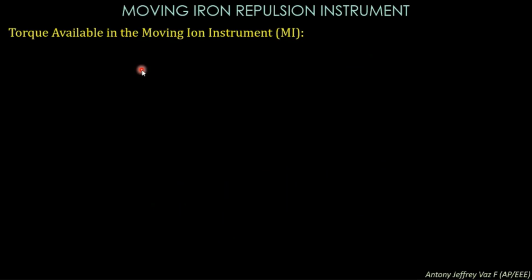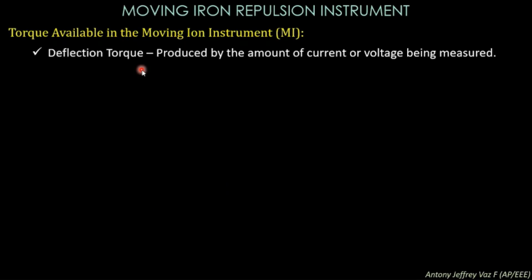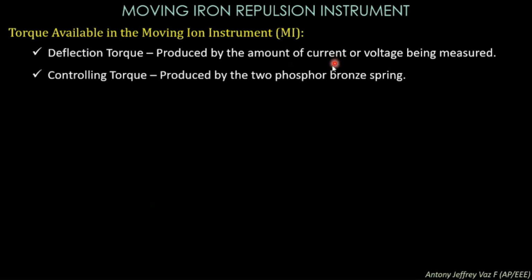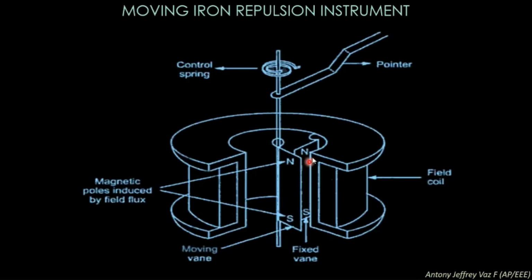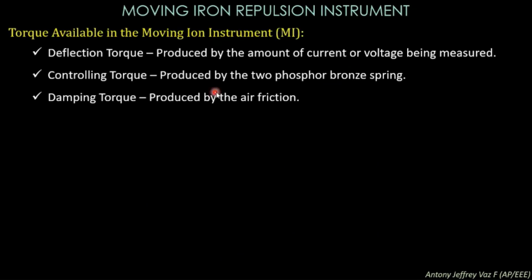Next, the torques available in moving iron repulsion type instruments are the deflection torque, which is produced by the current or voltage being measured, the controlling torque produced by the Phosphor bronze spring, and the damping torque produced by air friction. While the vane moves, air is present, so the air friction provides the damping torque in the repulsion type instrument.